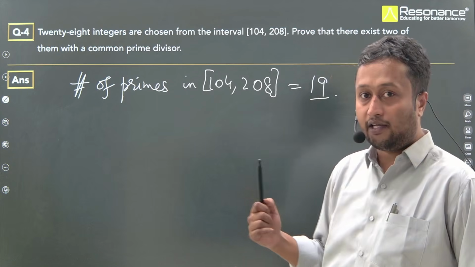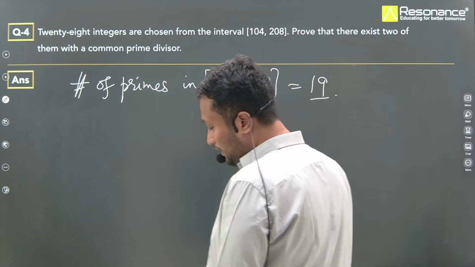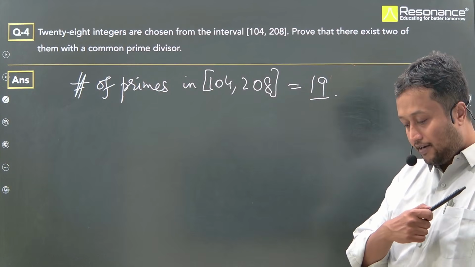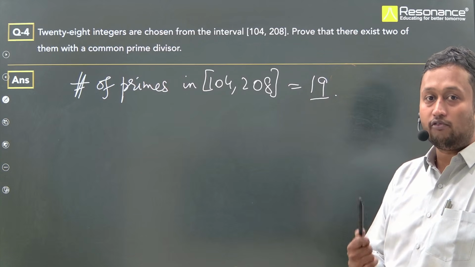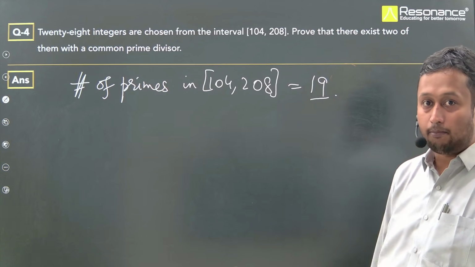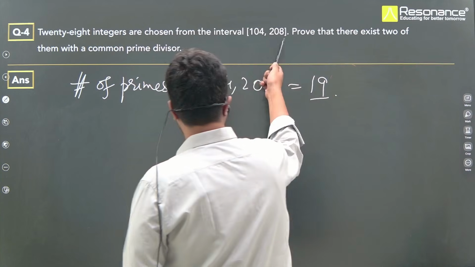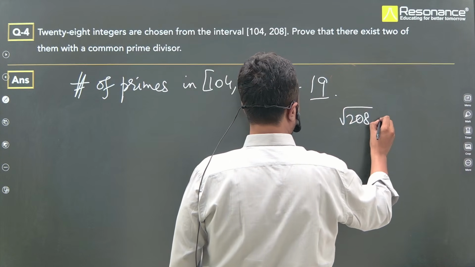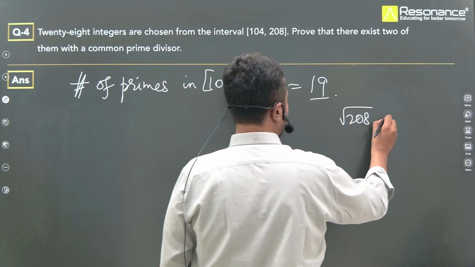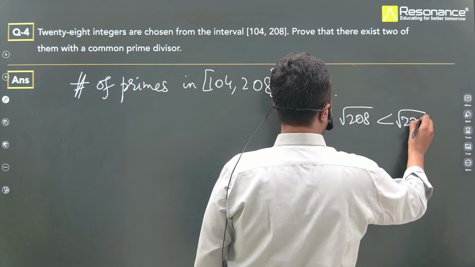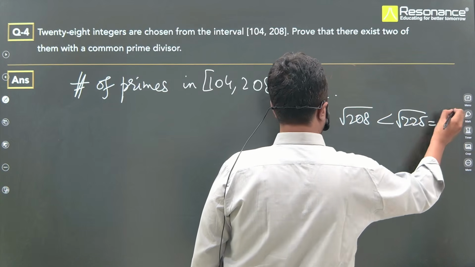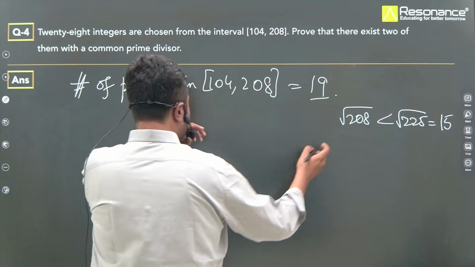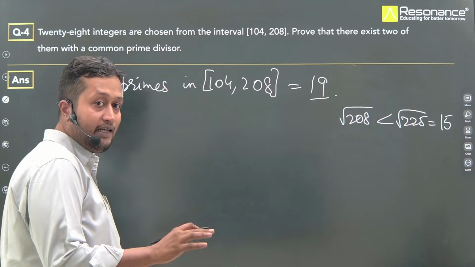So you can start counting, and well, if you really want to know if a number is prime or not, all you have to do is check the divisibility up to the square root of that number, and basically just pick the primes. Well, what's the biggest number that I can think of? Square root of 208. Well, that is less than square root of 225, which is 15. So less than 15, that's the only thing I need to worry about.